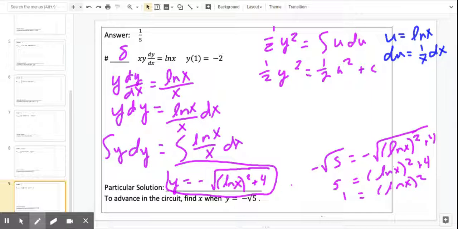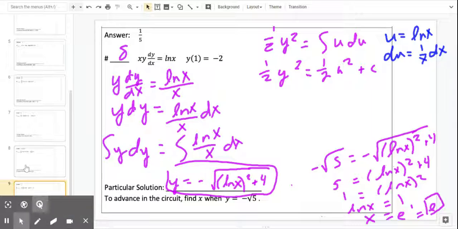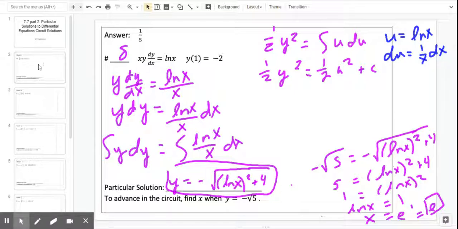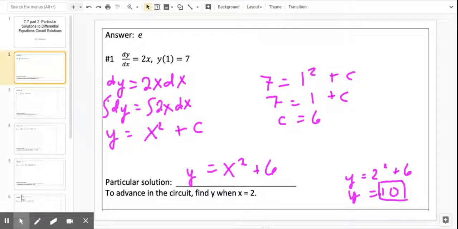Take the square root of both sides. Natural log of x equals 1. To get x alone, we do e on both sides, and that'll leave us with x equals e to the first power, which is just e, which then conveniently brings us back to the answer they gave us for the first one. So that's how we know we're done.